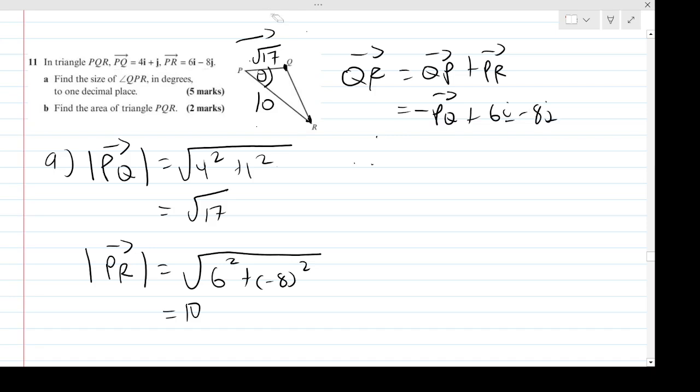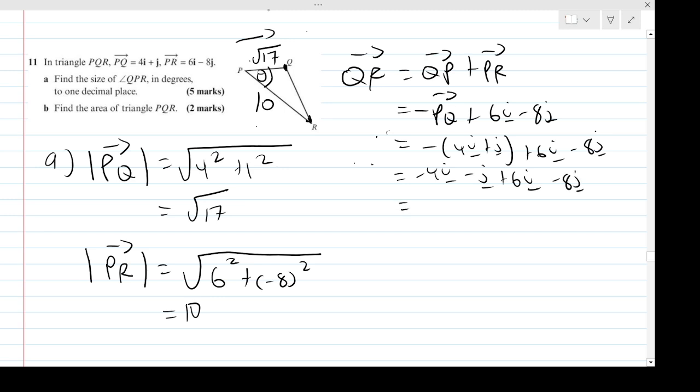So it's the negative of 4i plus j, plus 6i minus 8j. If I expand it, I get minus 4i minus j, add 6i minus 8j. Then minus 4i add 6i is plus 2i, and minus j minus 8j is minus 9j. And there we are, that is my vector QR.